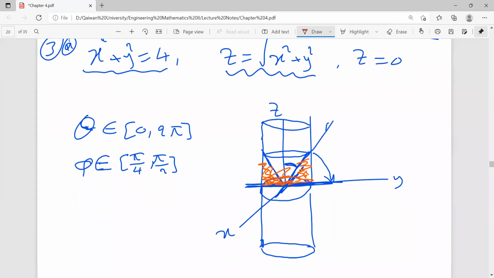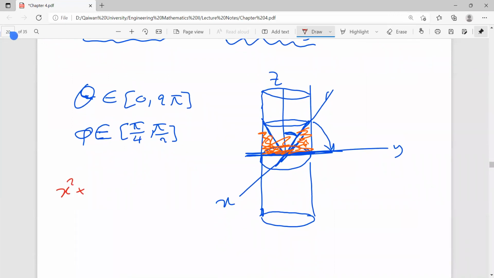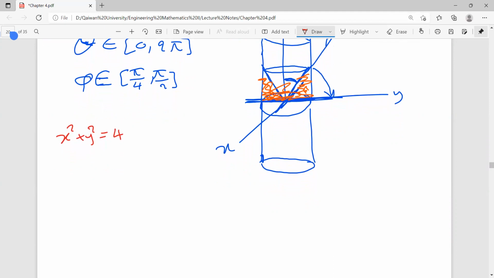We are given that x squared plus y squared equals 4. But we have that x equals rho sine phi cosine theta, and y equals rho sine phi sine theta.